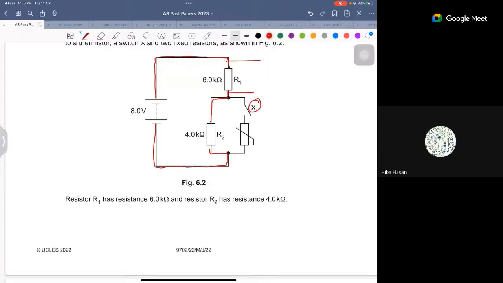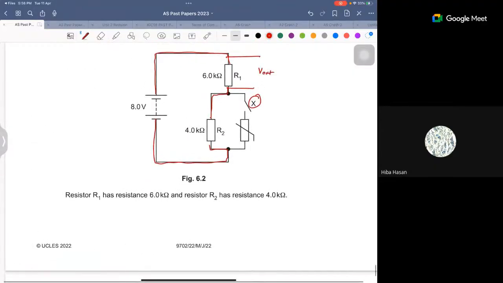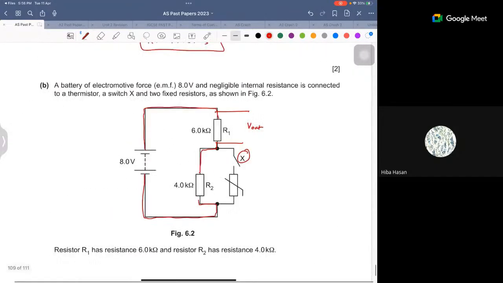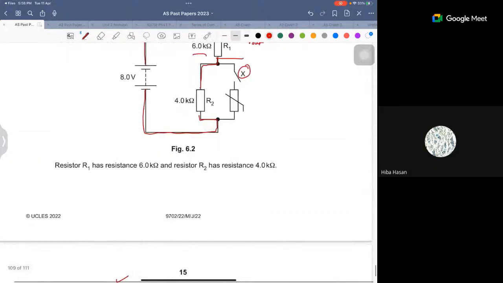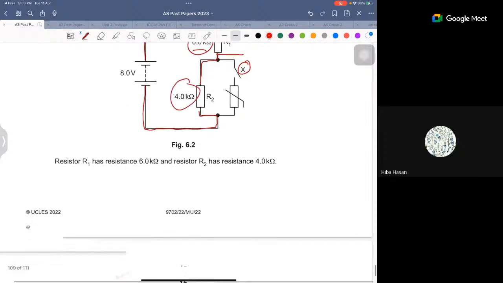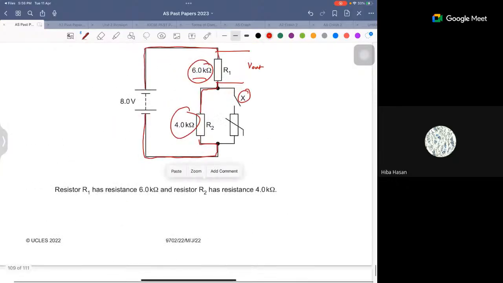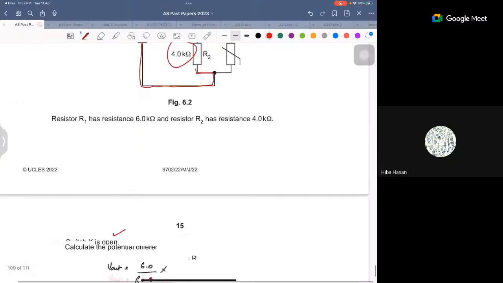The best method to do this is using the potential divider formula. We want to find the potential V out here. So V out equals the resistance on top, 6, divided by both of them added, 6 plus 4, multiplied by the total EMF, which is, oh my god, 8.